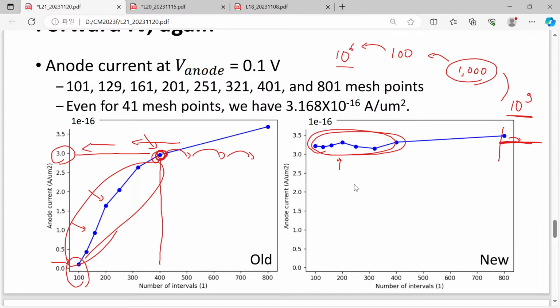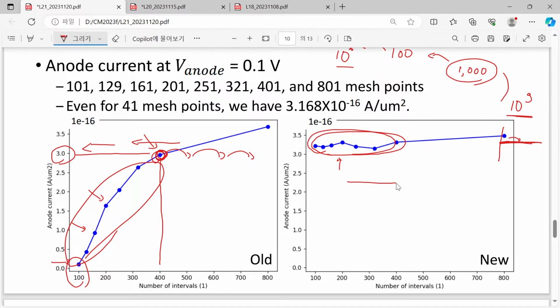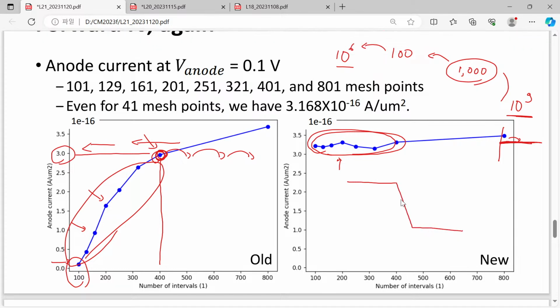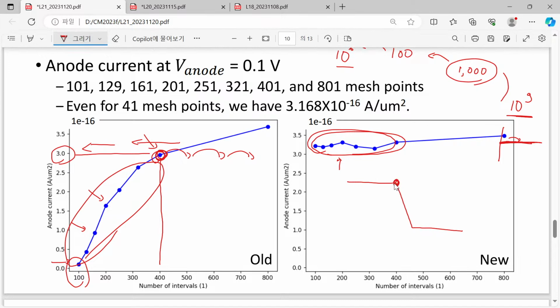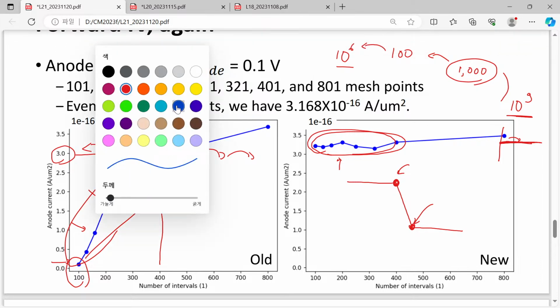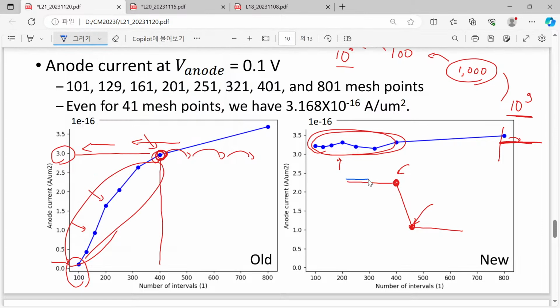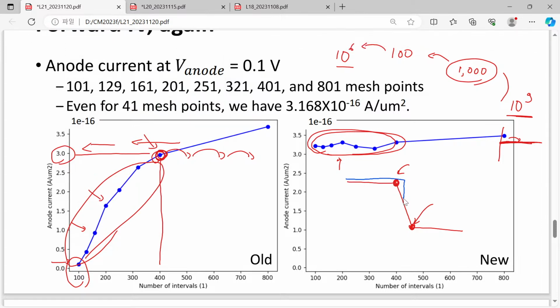So if we have 100 points, then there will be a certain end point of your n-type region, and this will be the end of your p-type region. So for 100 points, and if you spend more points, then what will happen? Then eventually you will have a more abrupt transition here.